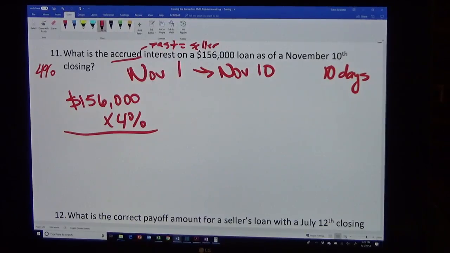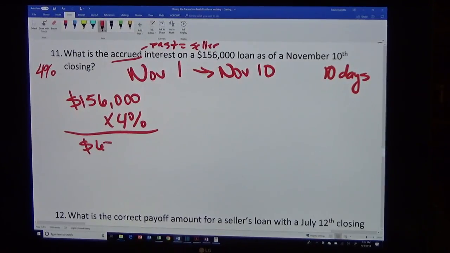I had to make that up because I didn't give it to you in the question, and I should have. $156,000 times 4% equals $6,240 in annual interest, and we're going to divide that by 360 to get it down to daily.